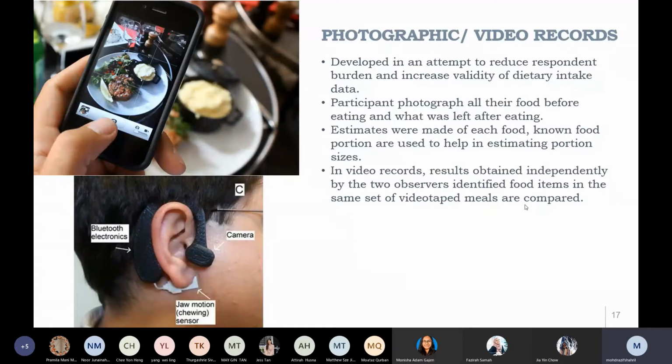So we need another person, another observer, to re-evaluate the video and compare what they have managed to harvest from the video, the information that they have harvested from the video.